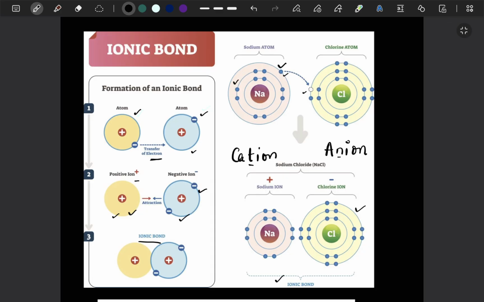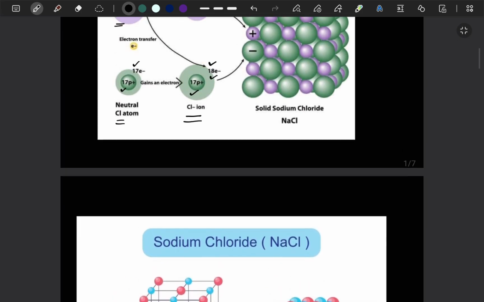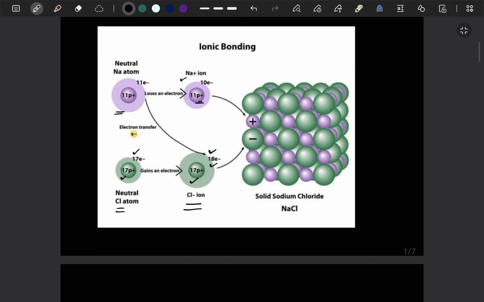Understood? Okay, now the compounds formed by the formation of an ionic bond are called salts. You know the salt which you eat, table salt. See, in a covalent bond, the atoms were in a fixed ratio. Clear?